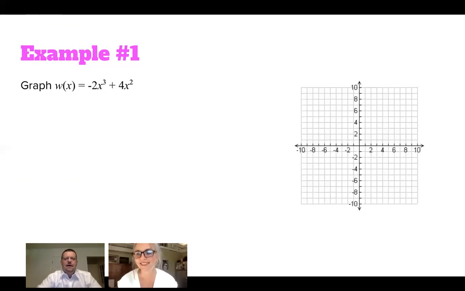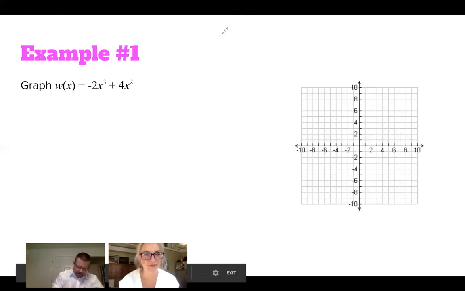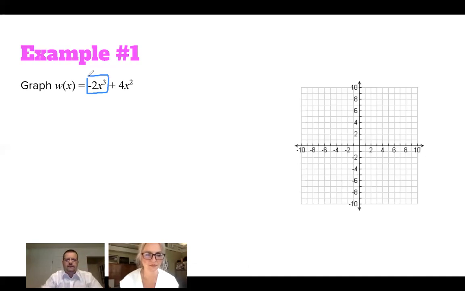Okay. So, all right, looking at this polynomial, we want to begin by doing the leading term test. So let's look at -2x to the third power. What did that tell us from the last section? Because the degree is 3 and 3 is odd, I know it's going in opposite directions because it's John Travolta. And I also know that the -2 tells me that the left side is going up.